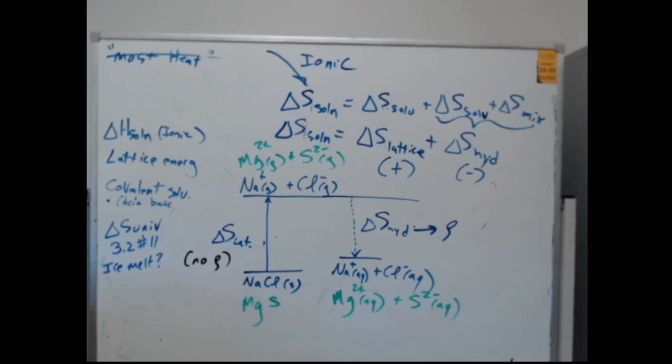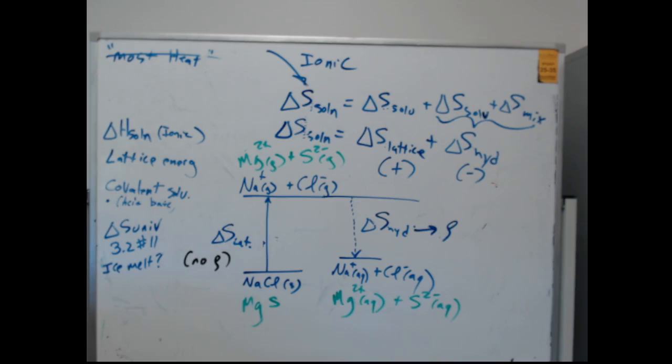So does the delta S of hydration increasing tell us anything about it dissolving? What's the benefit of knowing that the delta S of hydration increases with charge density? Well, it allows us to do that kind of comparative thing.